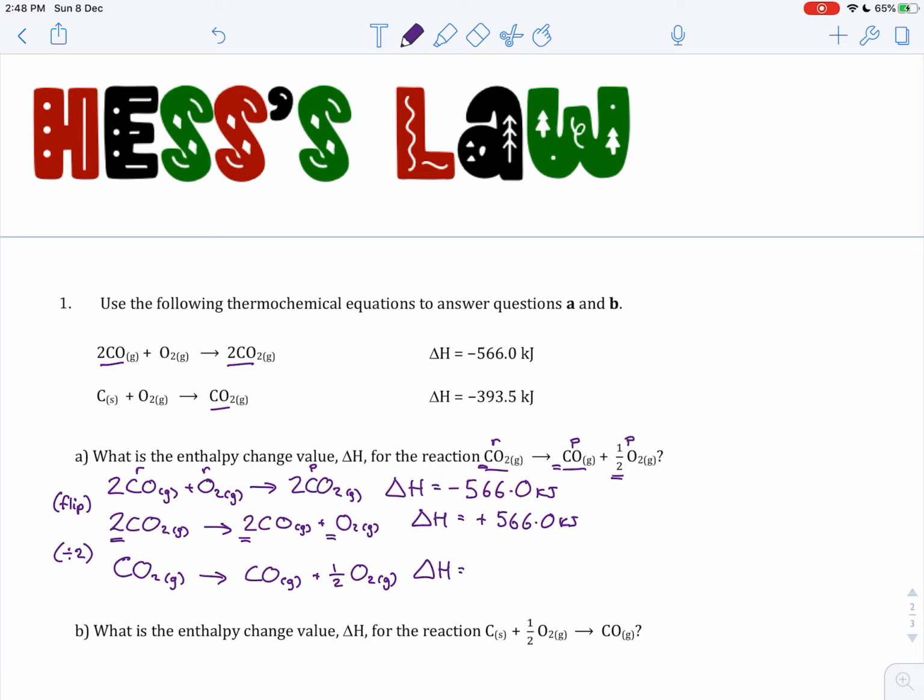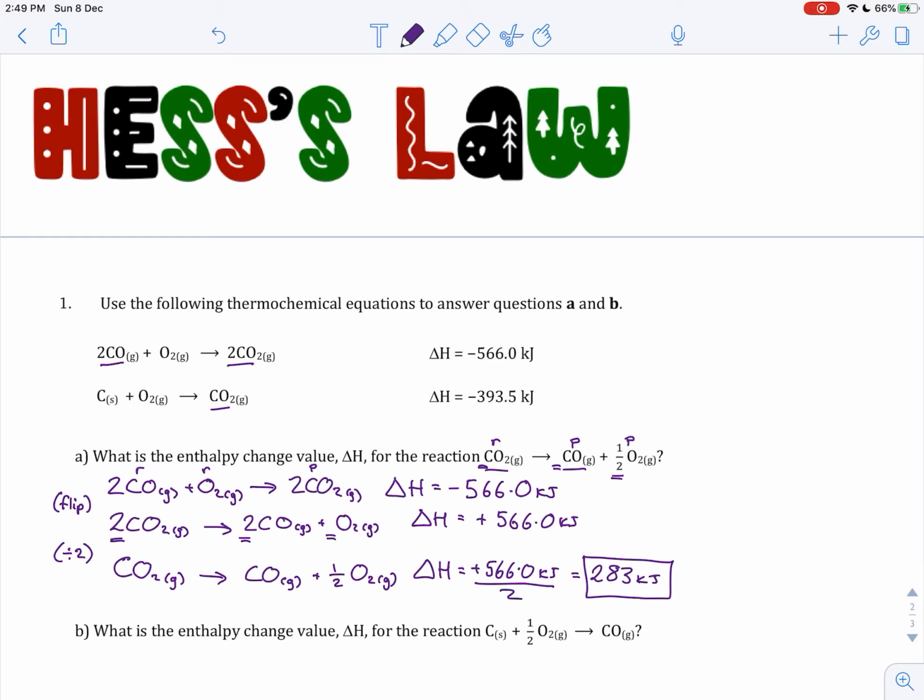So your enthalpy is going to be 566 divided by 2, which is actually, let's work out what that actually is. 283 kilojoules. And because you flipped it already, it's going to be positive.